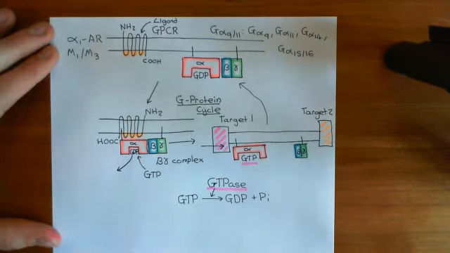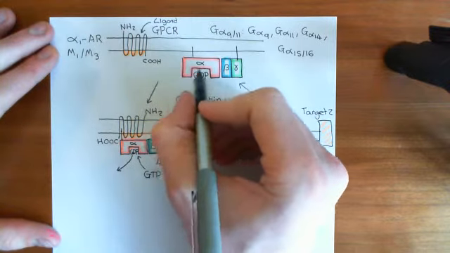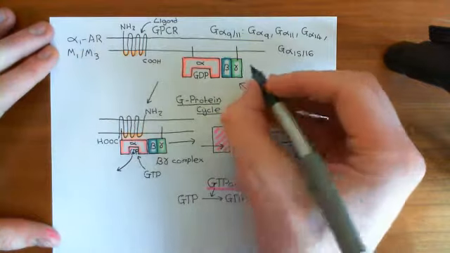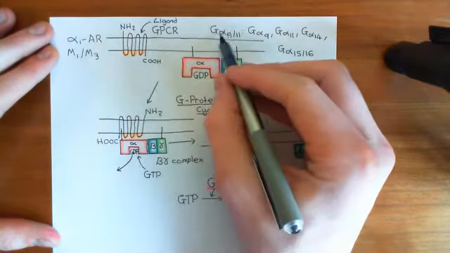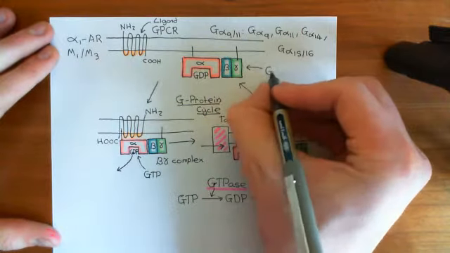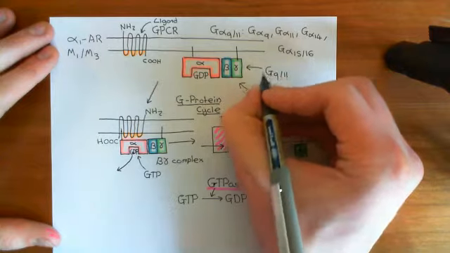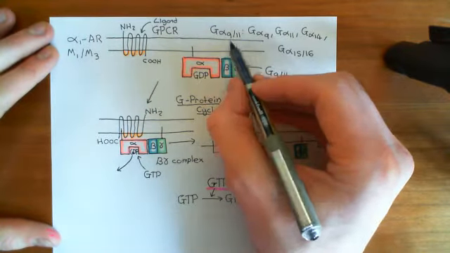Okay, so what we now want to see is what's the effect then of having an active alpha Q/11 alpha subunit. Okay, so the entire heterotrimeric G protein which has an alpha subunit in this family is going to be called a GQ/11 family heterotrimeric G protein, which just means that the alpha subunit is in this family of G alpha Q/11.